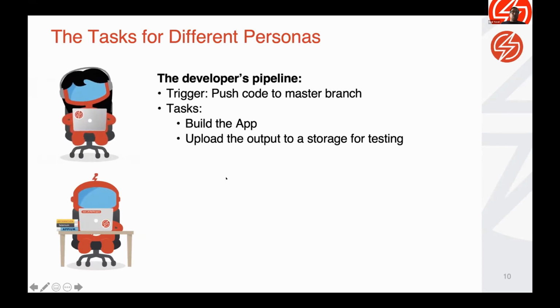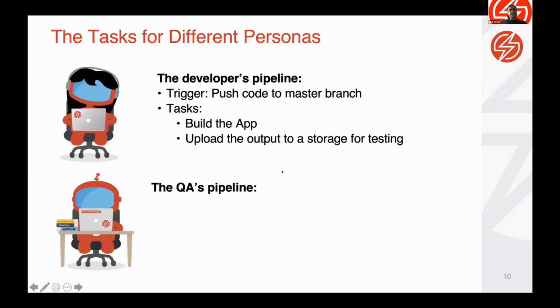The output can be an APK. In my demo, it will be APK files that I upload to a SauceLabs storage, so they can be used in different environments and by different people in the organization.